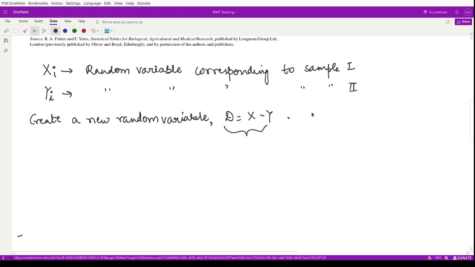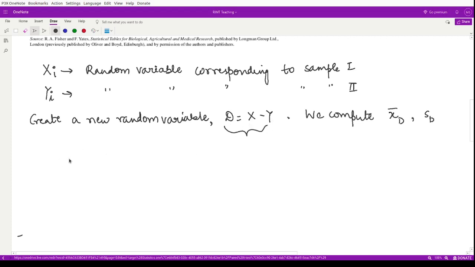We compute the mean for this difference random variable, so we compute mu of d. And then we compute x bar of d, that would be the sample mean, and s of d, that would be the standard deviation for this newly created random variable, and then we apply the test.